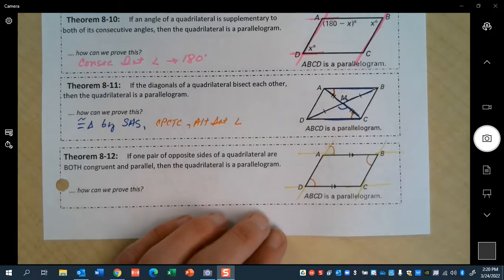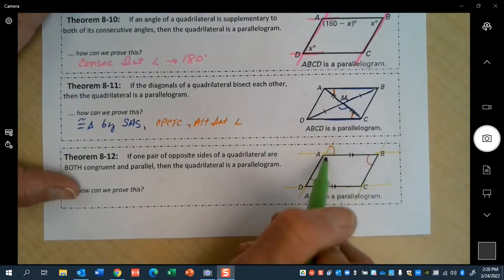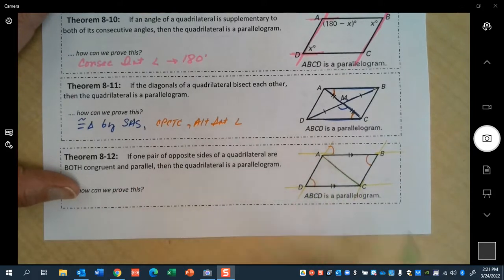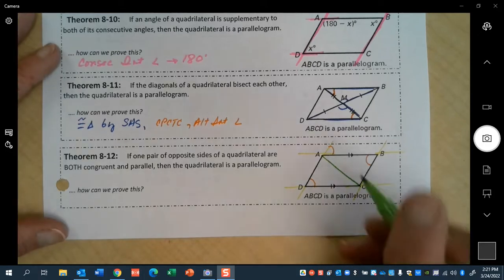And then if we put a diagonal and we make it triangle ABC and triangle ABC, then we can use that as a transversal and get that angle DAC is congruent to angle ACB.